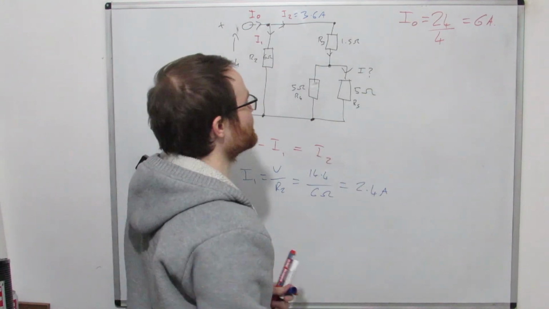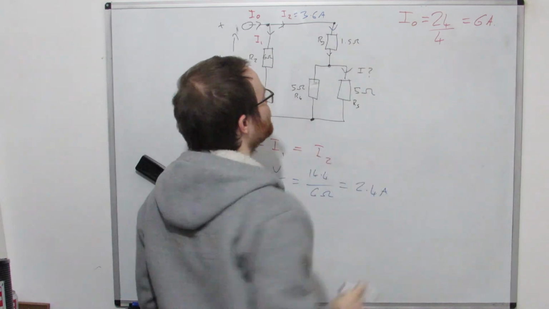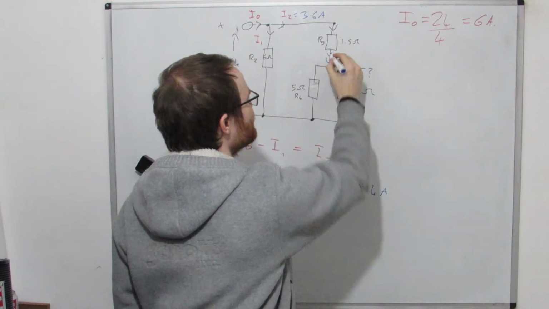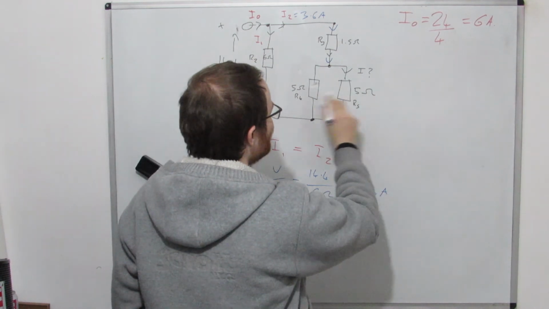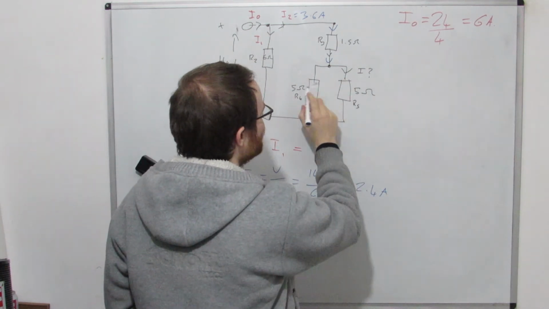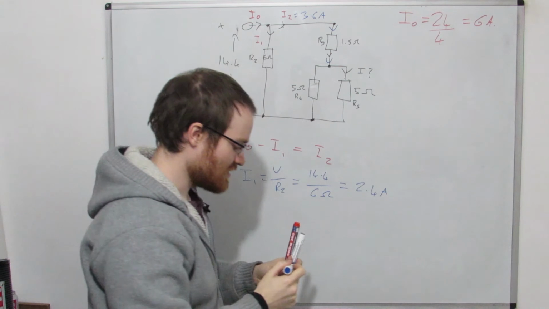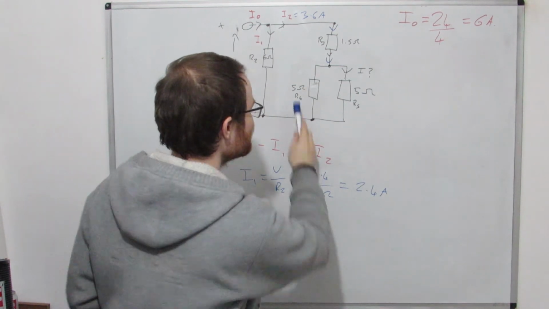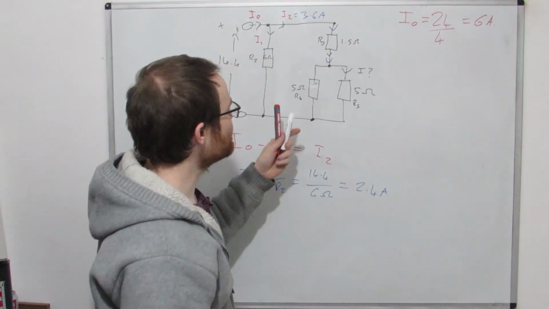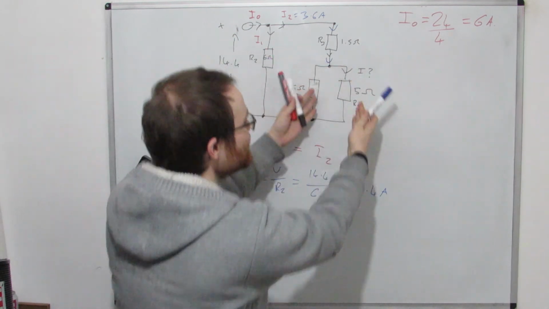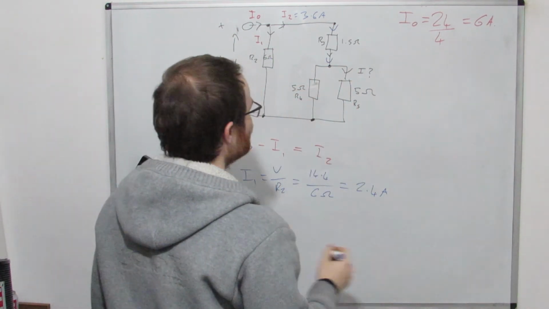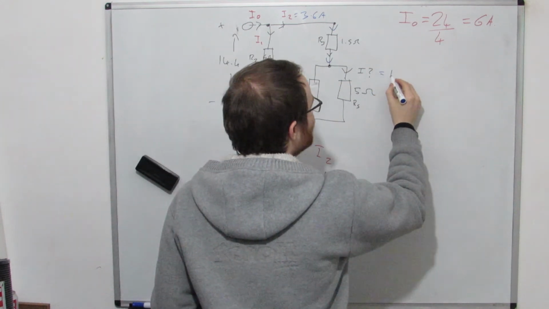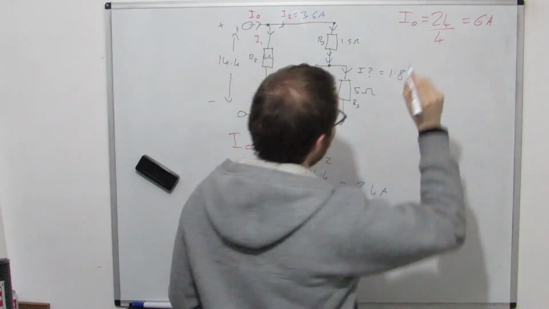Now we don't care about this resistor because if we've got 3.6 amps here, we've got 3.6 amps here. So R3, we don't care about you. Now we just need to find the division of these two currents, and we don't need to do anything complicated because these two resistances are the same. So the current is shared equally between these two, and the current here is 1.8 amps.